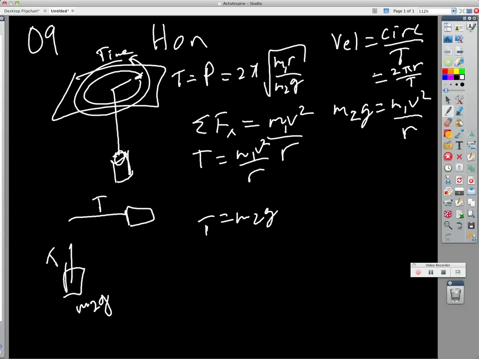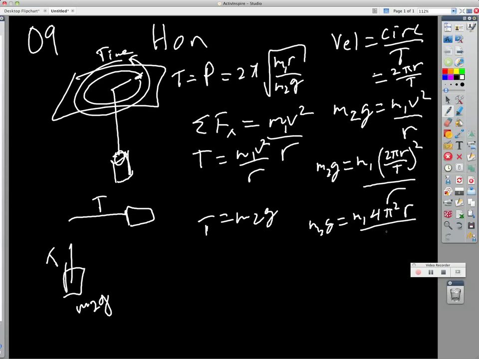So then here we have m2g equals m1 times 2 pi r over T, squared, over little r. So then that's m2g equals m1 4 pi squared r over T squared. And we're supposed to find the formula for period.